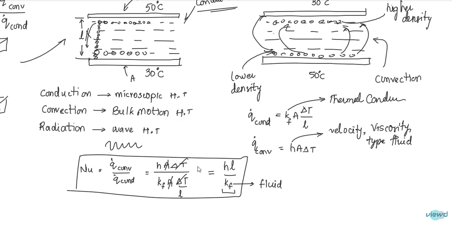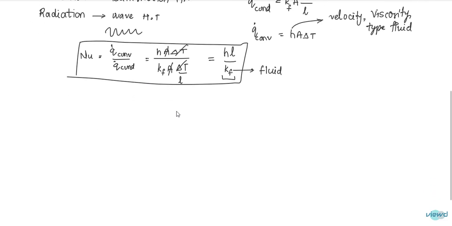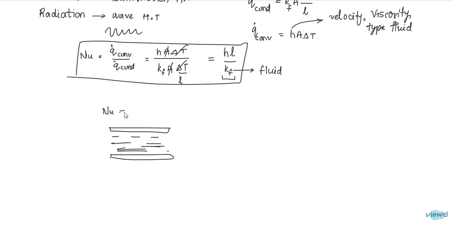So what is its significance? This significance can be explained with a comparison. For example, there are two plates and there is some fluid present, and for this system the Nusselt number is equal to 3, and there is another system for which the Nusselt number is equal to 6.